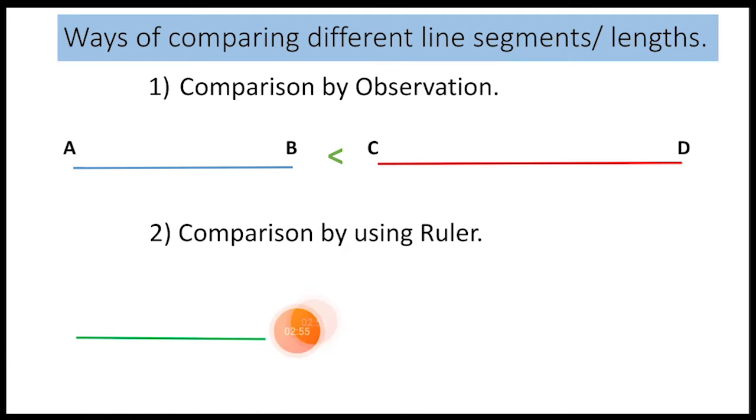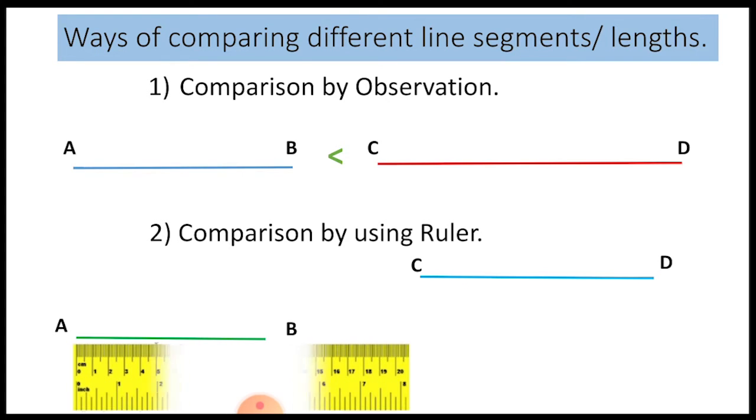So here again you see we have drawn the line segment AB with green color, and the next line segment, with blue color, we have marked as CD. So to get its precise and accurate measurement, we'll be using the ruler here.